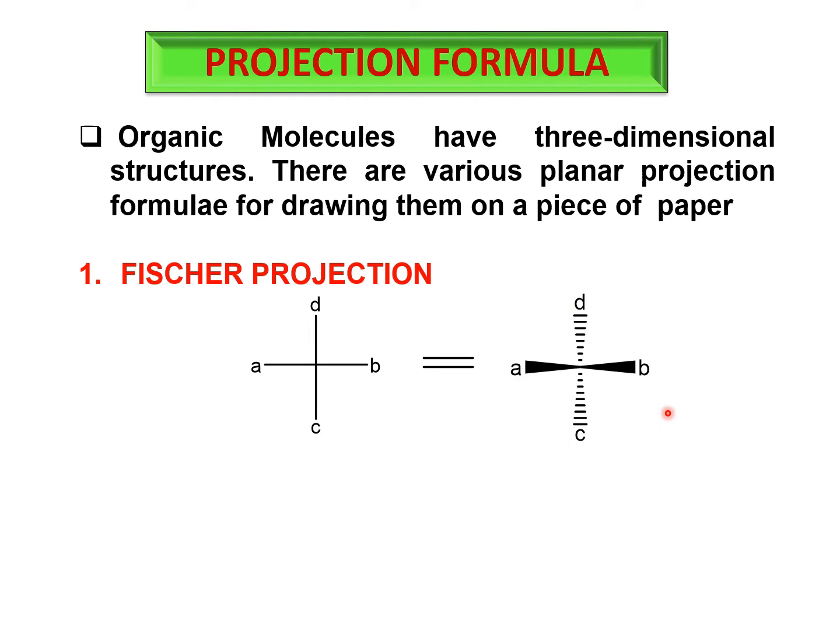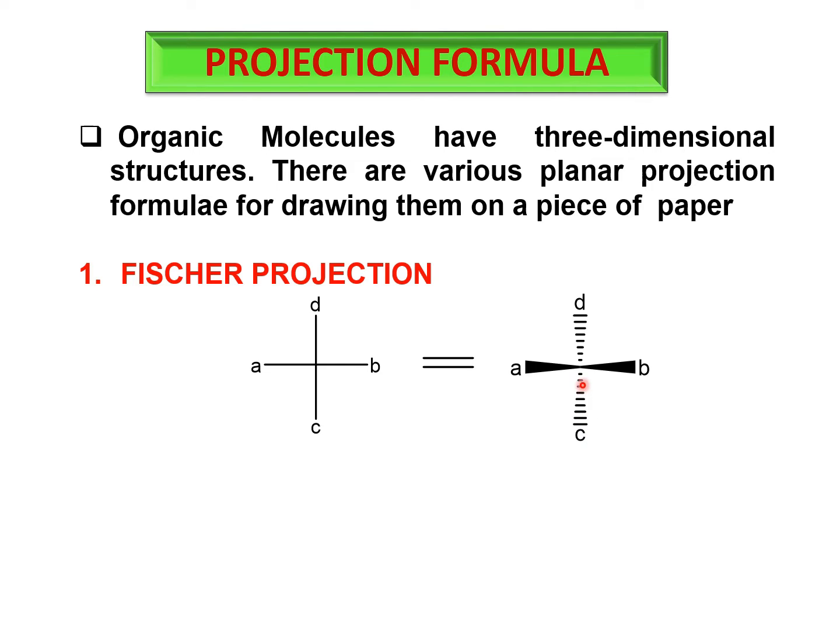Now you see 2 of the groups A and B are drawn with a solid wedge, and the other 2, C and D, are drawn with a broken line. And from the previous slide, you know that anything drawn with a solid wedge means it is above the plane or it is towards the viewer.